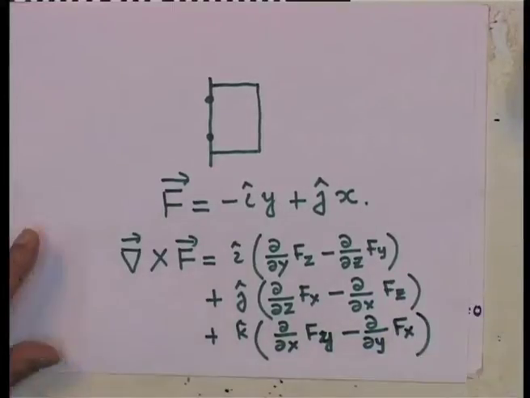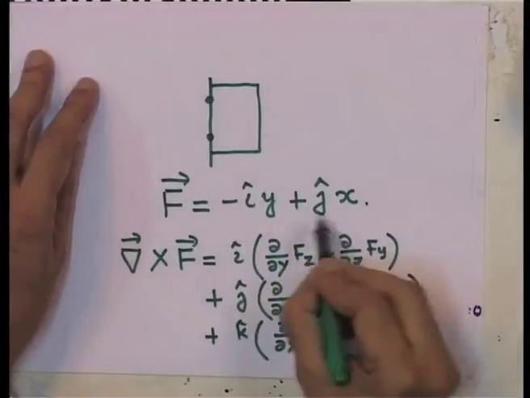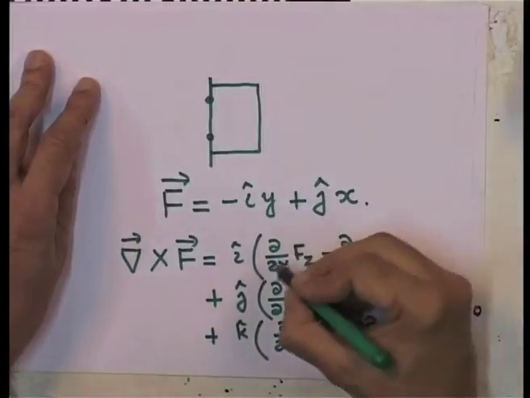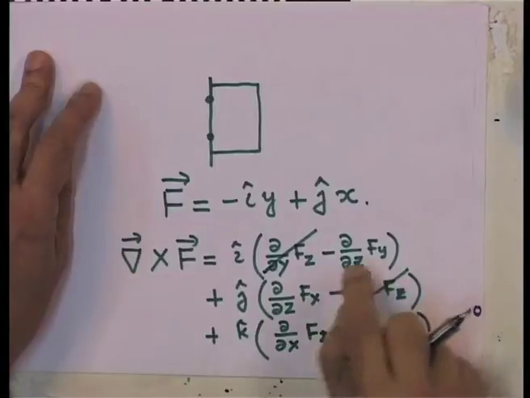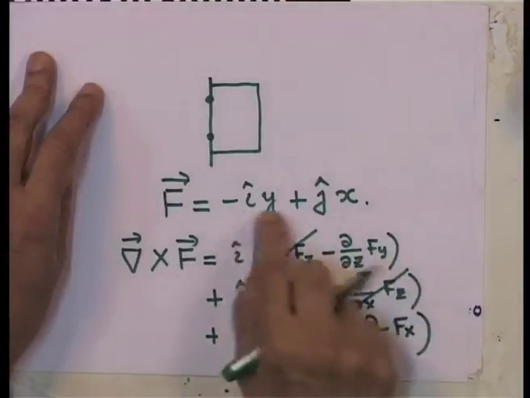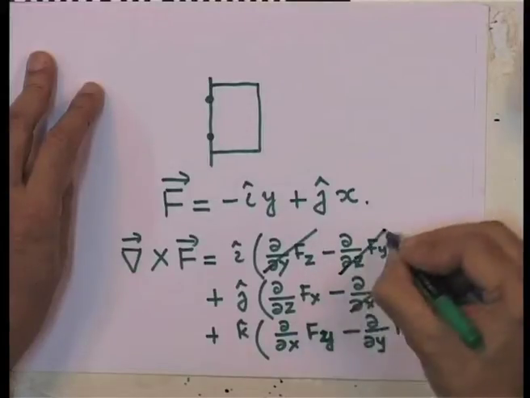So, let us compute this. Notice there is no f z in this expression, it is only i and j. So, therefore, these will not be there. There is no dependence on z in this function. So, anything connected with z, derivative with respect to z goes away.